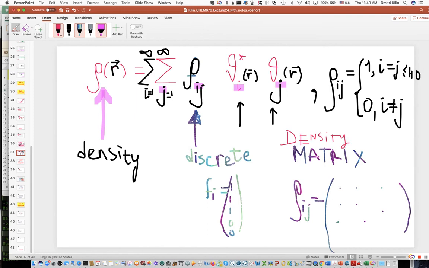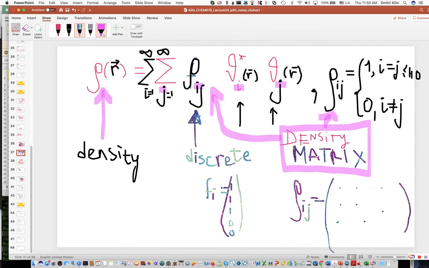Okay. I hope you like this naming and this definition. So we can construct density out of orbitals by using density matrix.